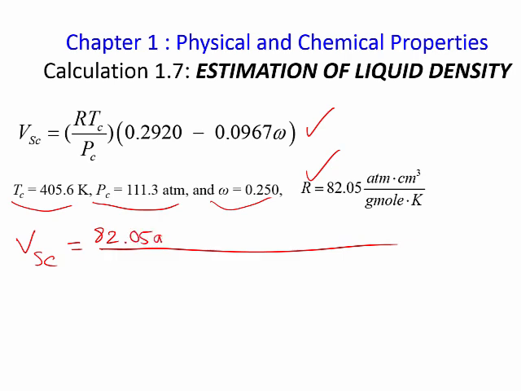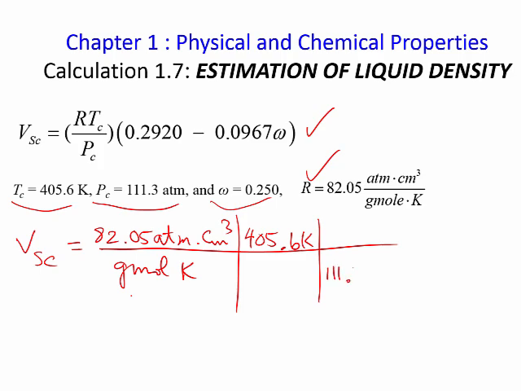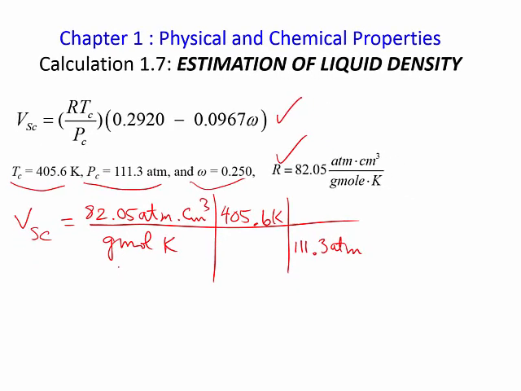82.05 atm·cm³/gmol·K multiplied by 405.6 Kelvin divided by 111.3 atmosphere, multiplied by 0.2920 minus 0.0967 times 0.25.